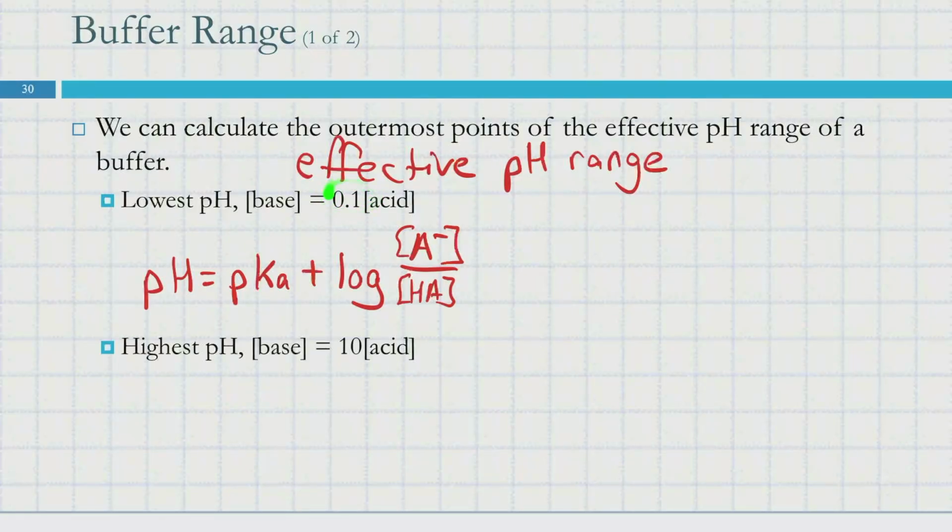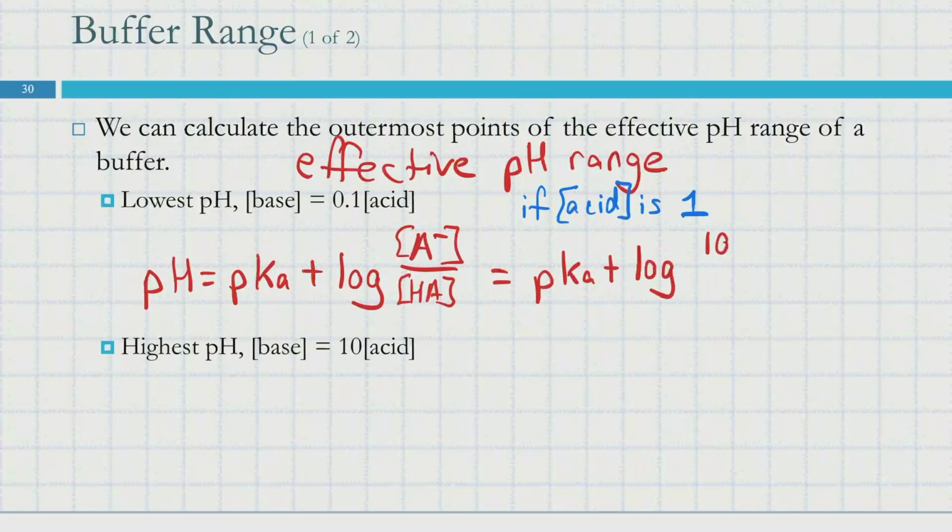If our acid is 1/10 of the concentration of our base, let's set our acid to be 1, then it's going to be pKa plus log of 10 over 1.